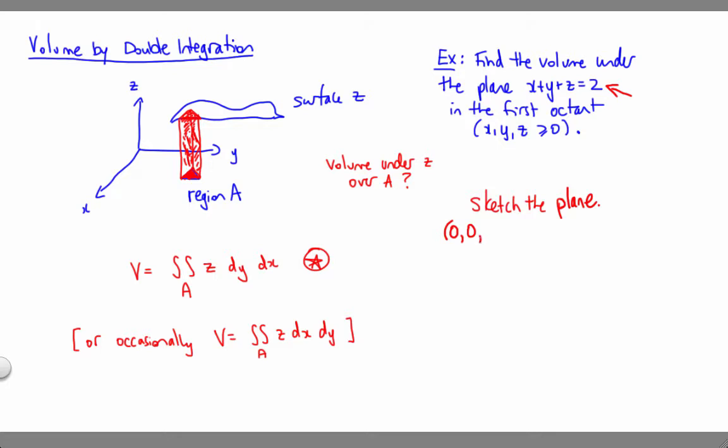So if x and y are both 0, z would have to be 2. So that point is guaranteed to lie on the plane. Another point that might lie on the plane, let's keep things easy by letting x and z be 0 this time. Y would be forced to be 2, because again our 3 variables have to add up to 2. And a third point that lies on the plane, that should be enough to complete a sketch.